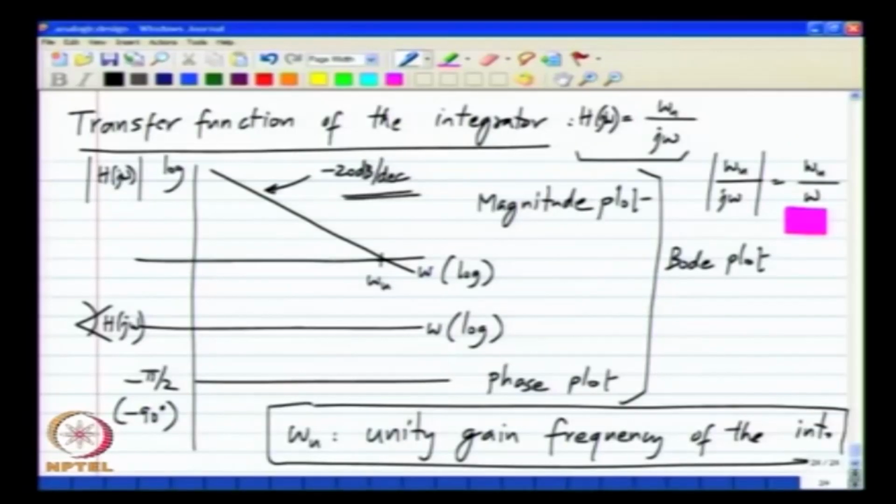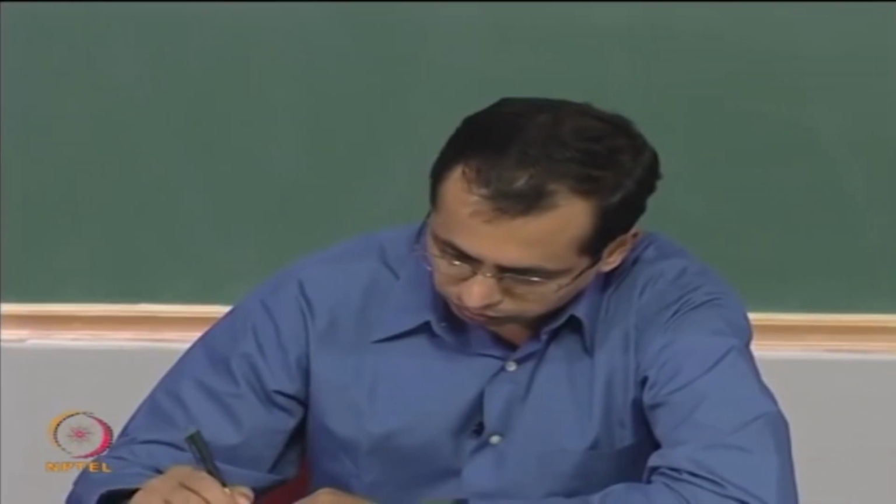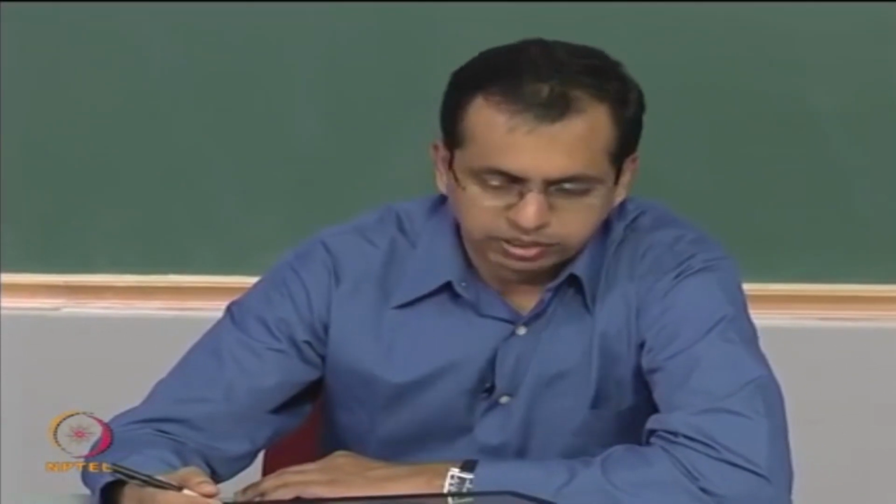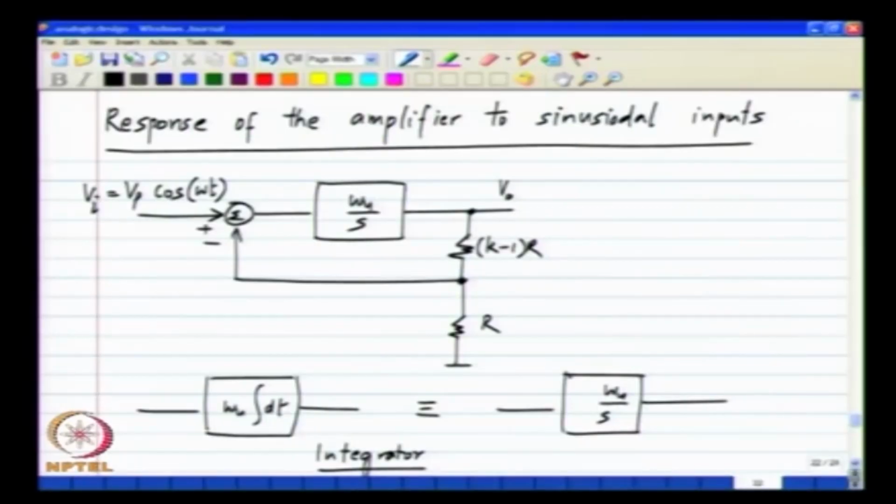So, with this background we can go back and analyze the transfer function of the entire negative feedback amplifier and then relate it to the transfer function of the integrator by itself. Okay. So, this is the system we have, and because the integrator can be represented by an algebraic relationship, the analysis is very easy.